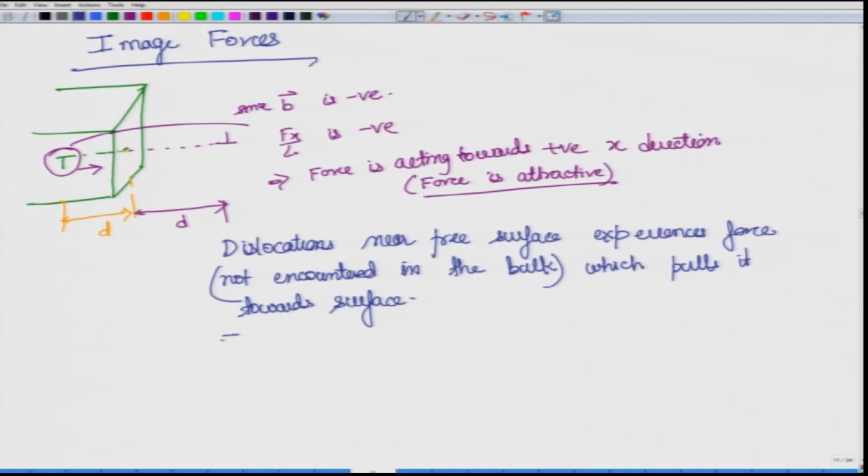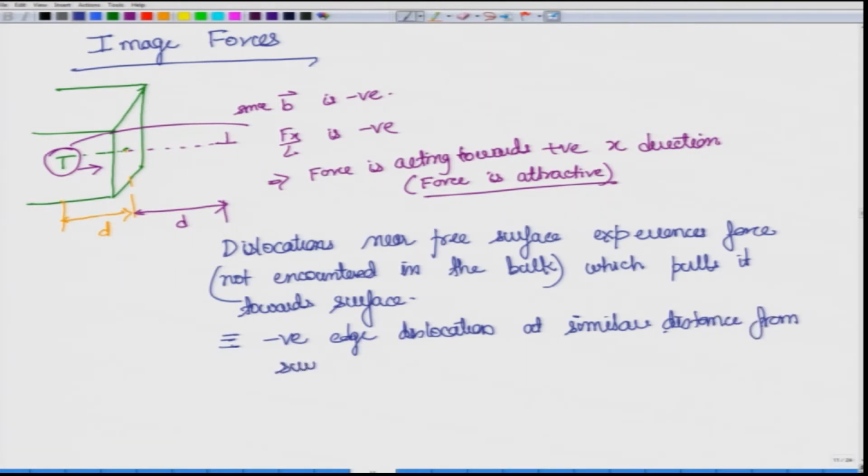In other words, or equivalent to this, for a positive edge dislocation, a negative edge dislocation at similar distance from the surface, outside the surface, pulls the dislocation out.